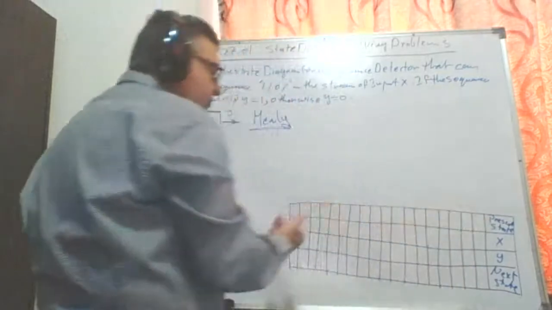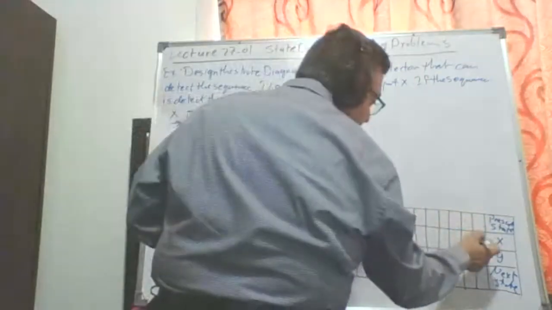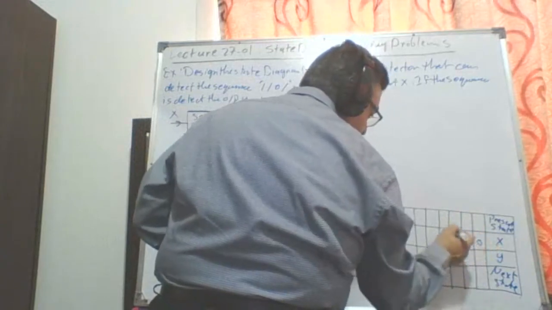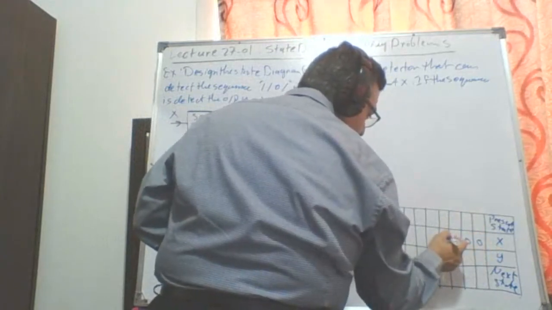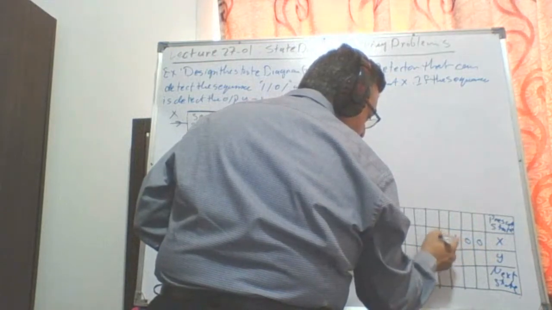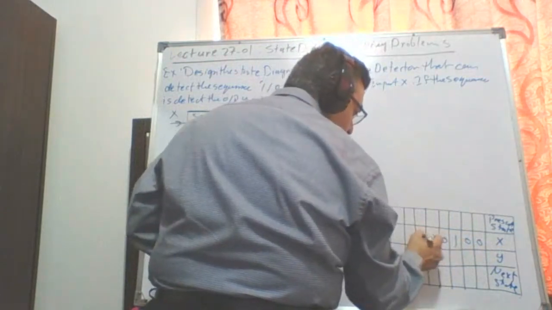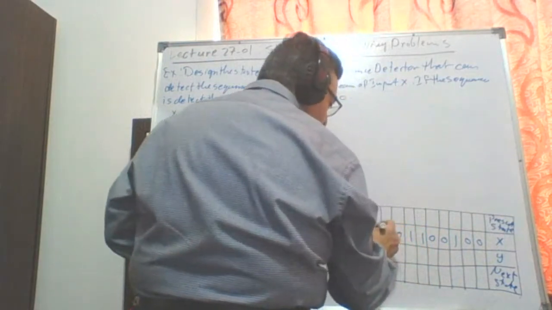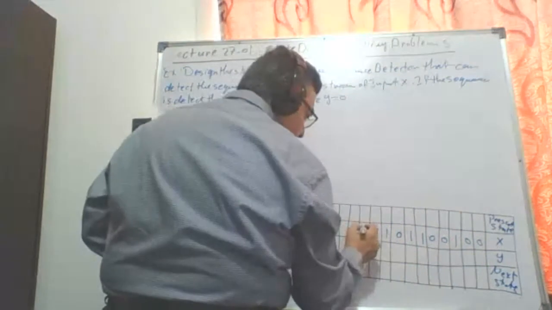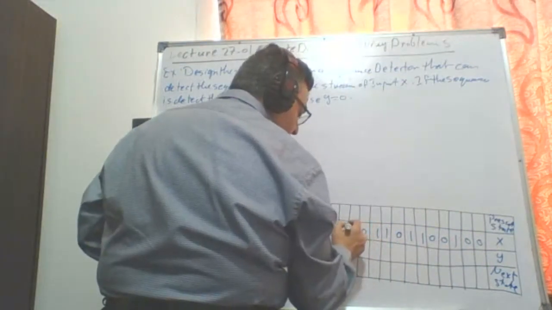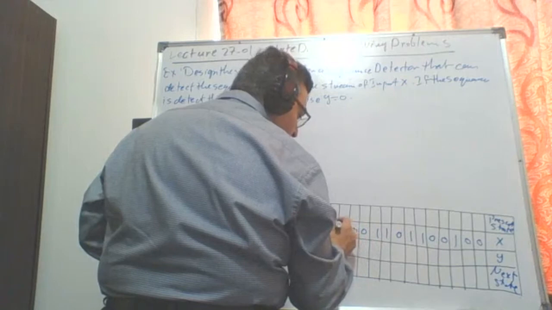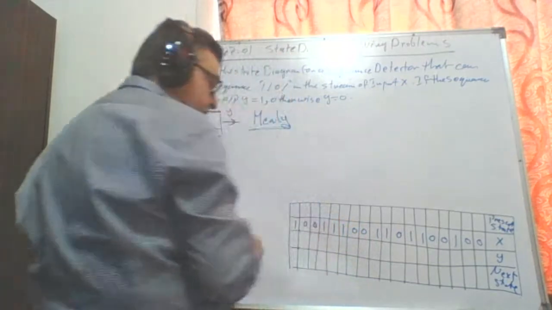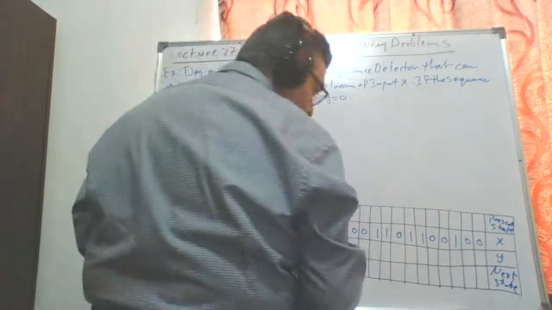So I will pick any sequence of X. I will just assume that X is receiving 0, then 0, maybe, then 1, then 0, then 0, then 1, 1, then 0, 1, 1, 0, 0, 1, 1, 1, 0, 0, 1, something like this.